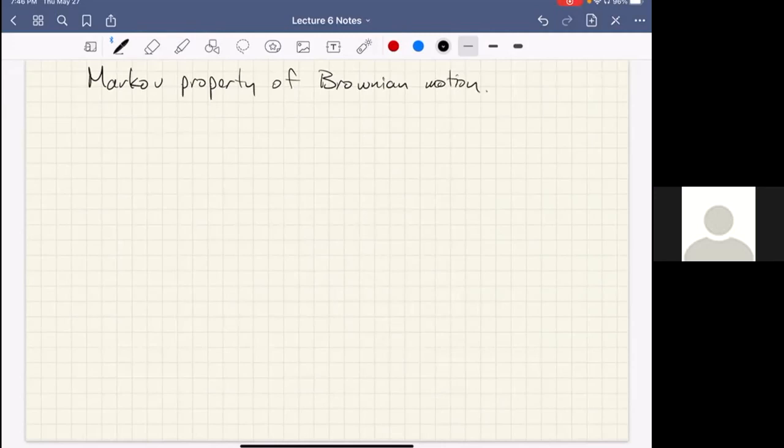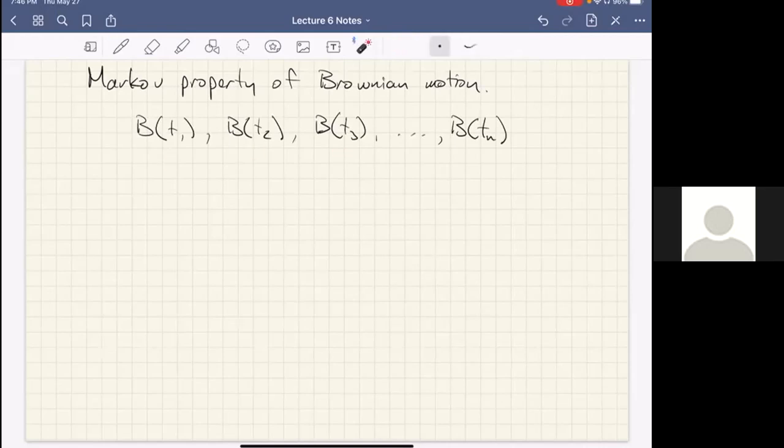So if you know a sequence of points of Brownian motion, call them T1, T2, T3, and so on. We call this Tn. In other words, you have a Brownian motion and you sample it at many points. They don't have to be regular, just as long as they're different. And without loss of generality, we're going to say T1 is less than T2 is less than T3, and so on up to Tn.